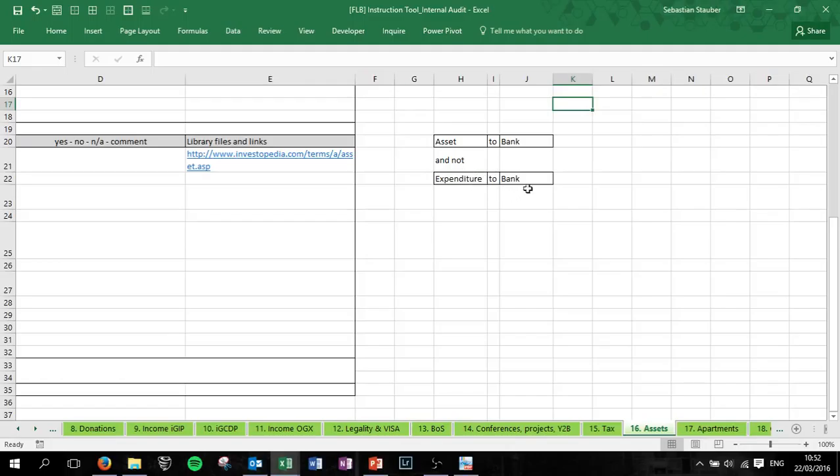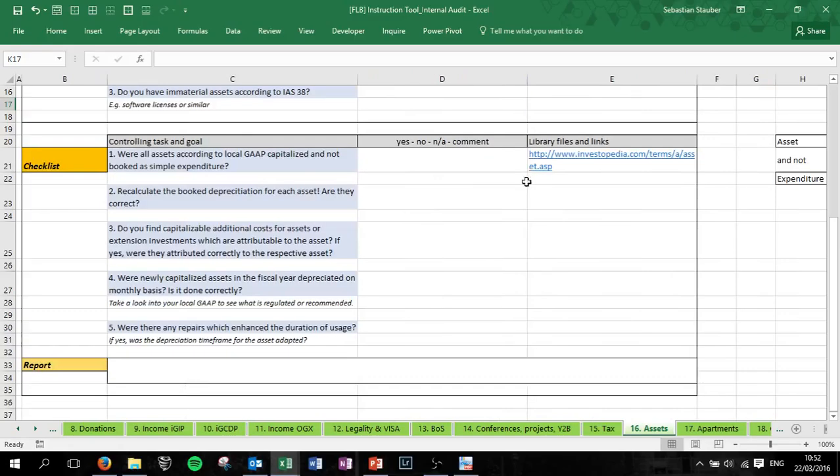Normally that is the booking when you're simply buying some small stuff or food, but this is the wrong booking when you have an asset which you are going to use for several years. Good. Recalculate the booked depreciation for each asset and check if it's correct. If you have a lot of assets in your entity, just make an Excel file and calculate if the booked numbers are correct or not.